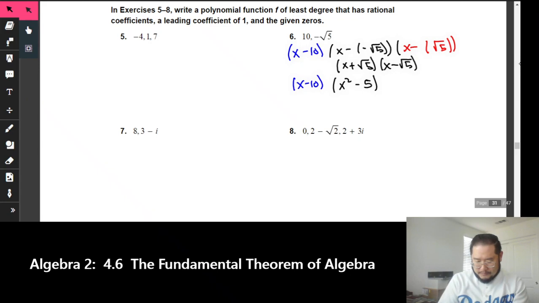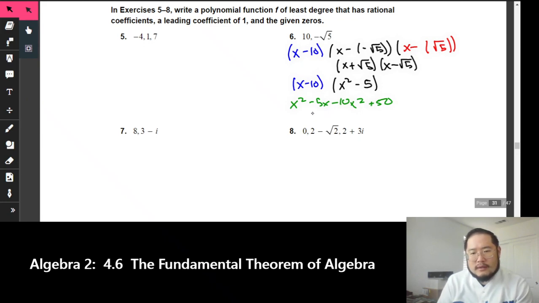So now the last thing is to go ahead and take this and FOIL it out. So we've got x squared, outer minus 5x, inner minus 10x squared, and then last is plus 50. So let's go ahead and simplify this right here.